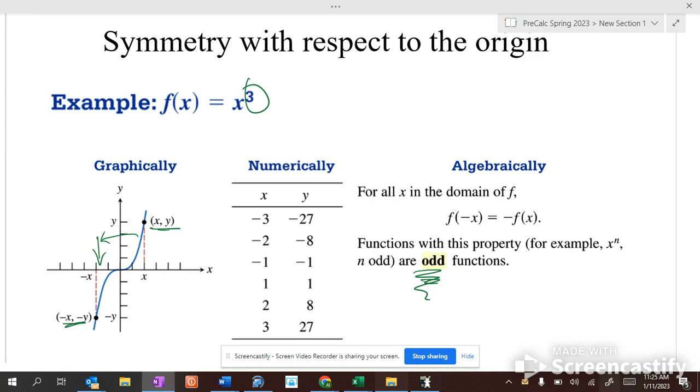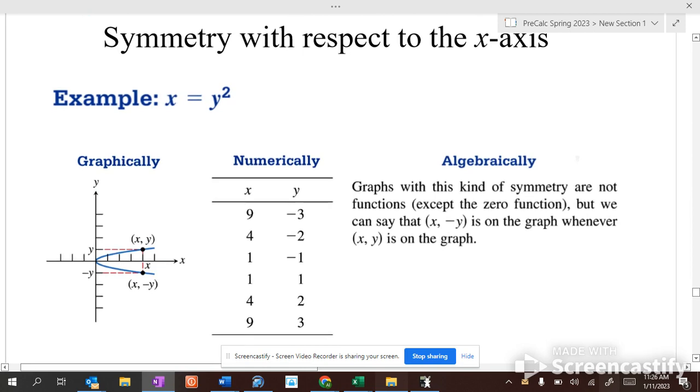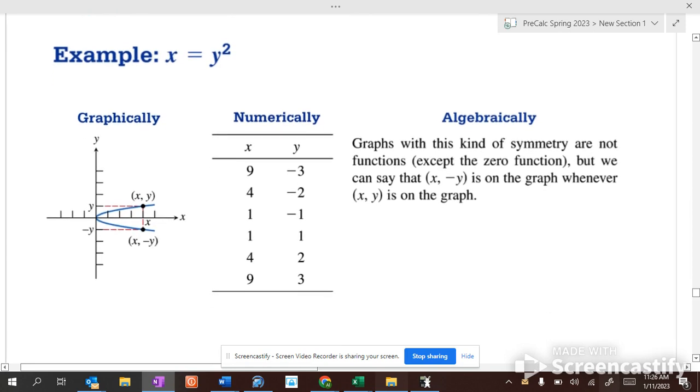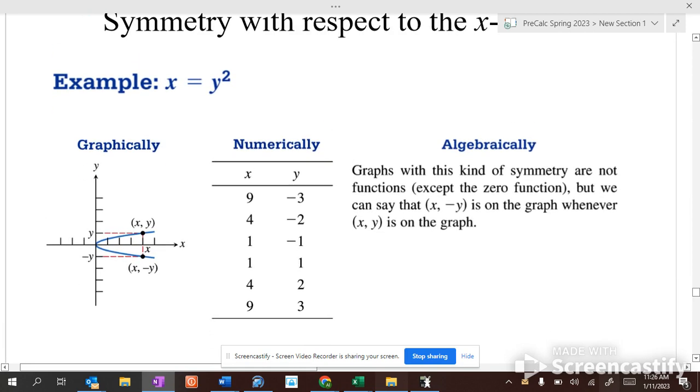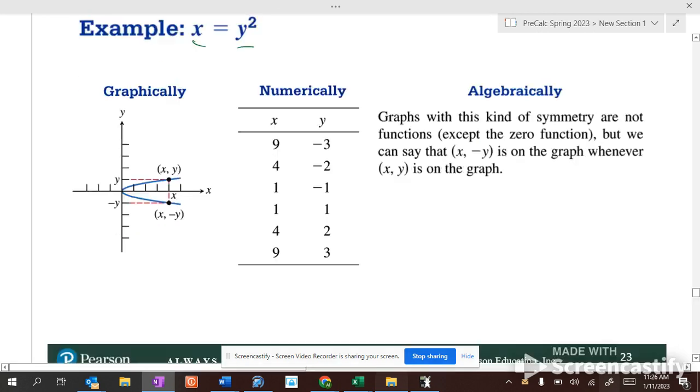The x and y and negative x and negative y mirror each other, basically. We can have functions that are symmetrical with the x-axis, x equals y squared, but we don't call that even or odd. We really don't call that even or odd.